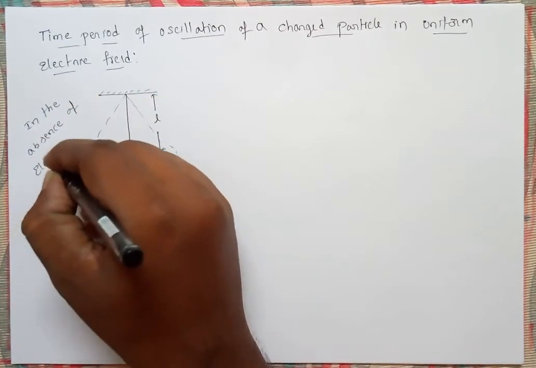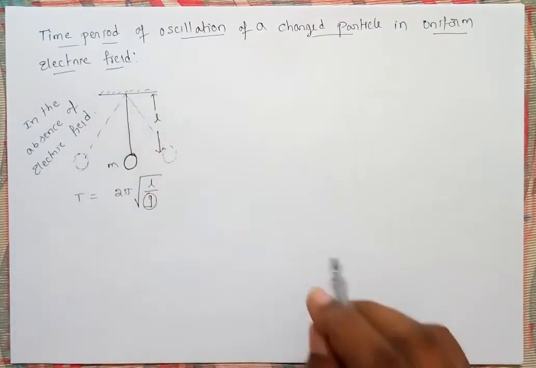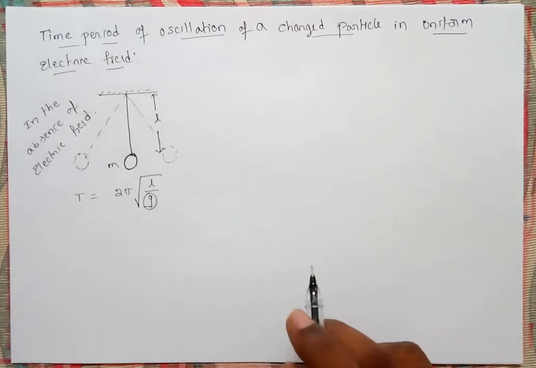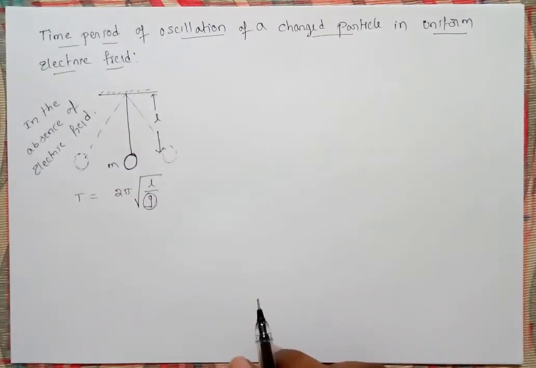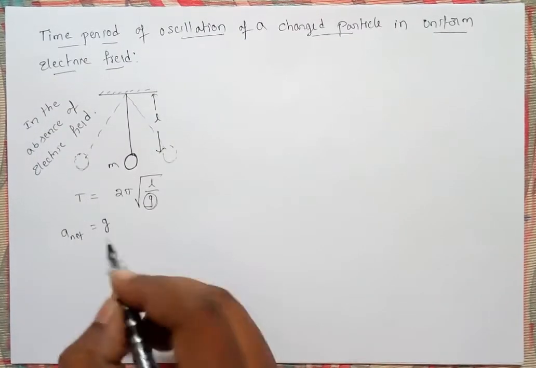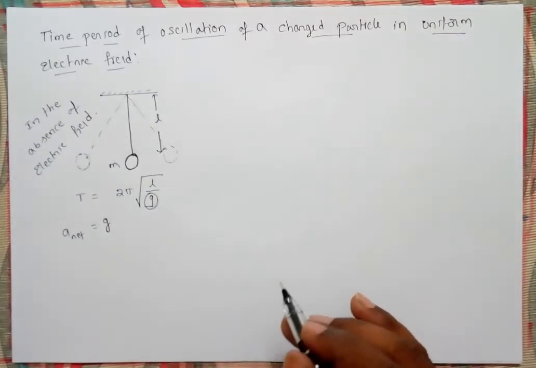So in the absence of electric field, the time period is T equal to 2 pi into root over L by g.